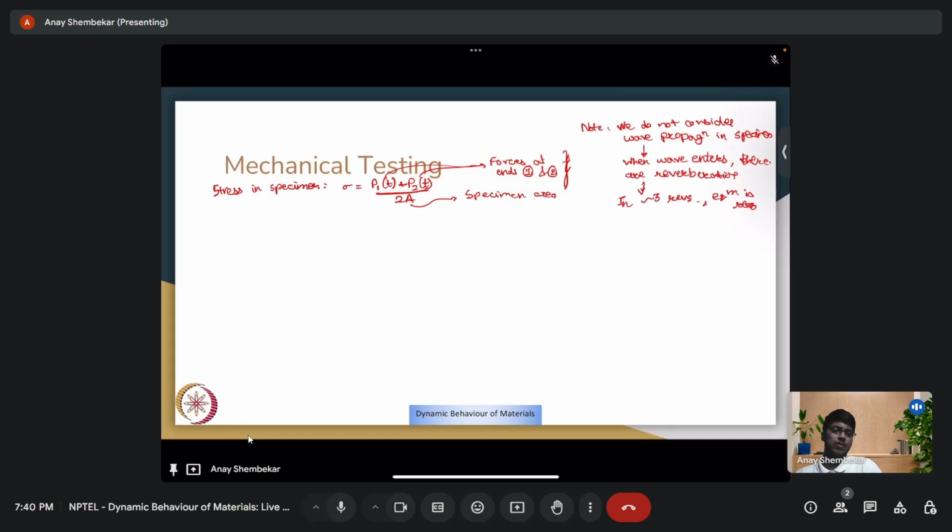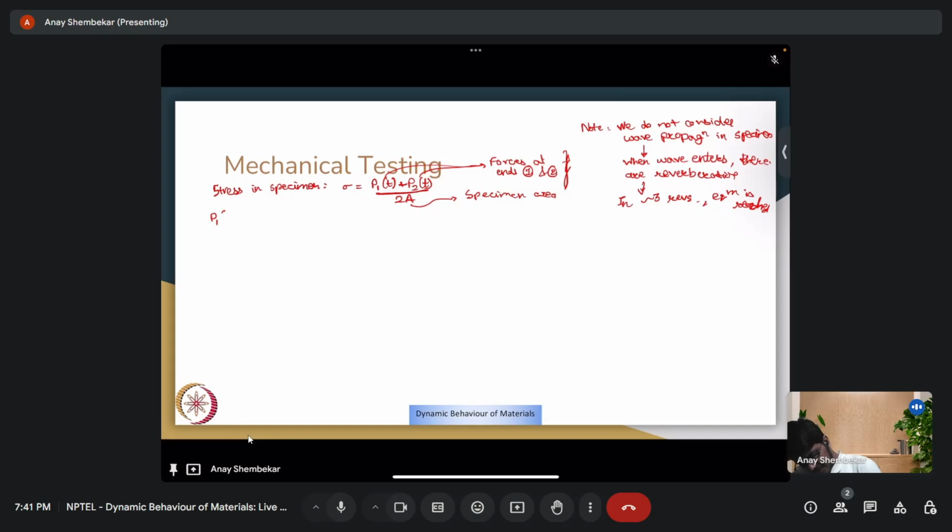So the pulse width of the wave is sufficiently large that we can bypass those reverberations and take the overall deformation. It takes a bit of time for the actual equilibrium of the specimen to be reached, but as we said, it takes about 3 reverberations, so it's a very short amount of time compared to the pulse width, which means we can approximate it using the equation that we have chosen here.